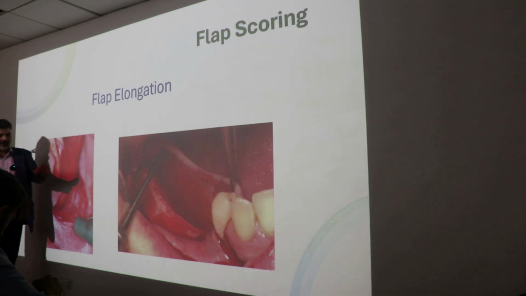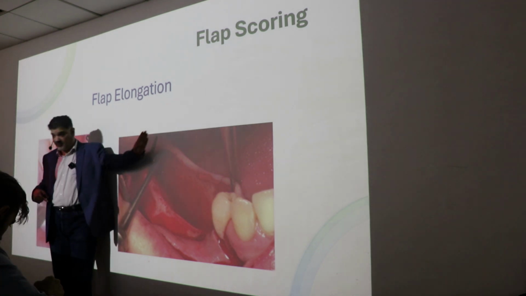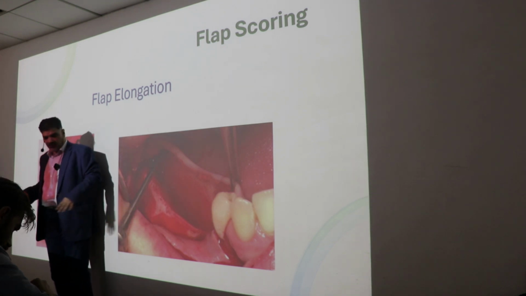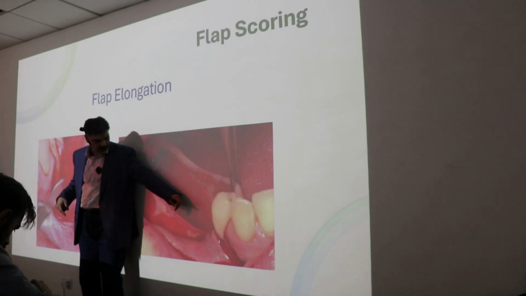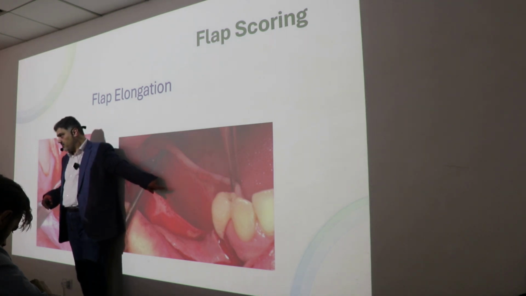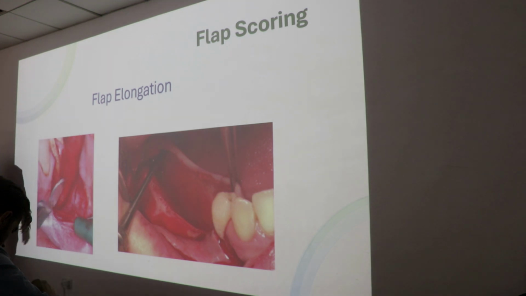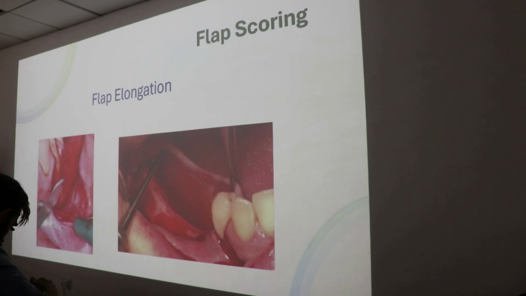And don't forget to make a pocket in the posterior area and a pocket in the anterior. In some textbooks, within the premolar level, you can make a vertical incision like this one, but you don't need it. The amount of elongation by this technique is much better. It's really high. You don't need to make that kind of incision.